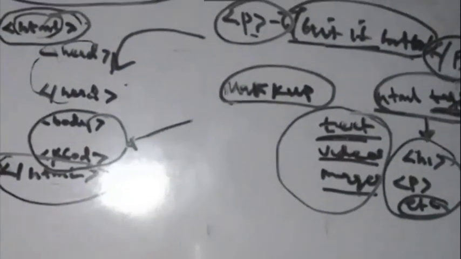Hope you can see it. In text, you surround it with these tags. So you have marked up this text. So everything in the web page is marked up, and that is why it is called markup language.